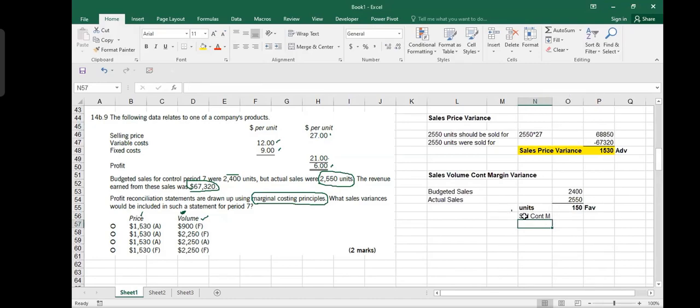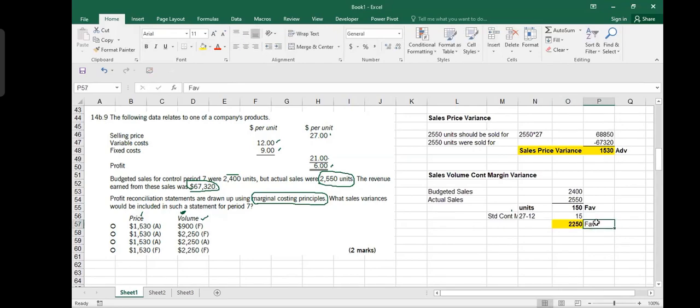How much is the contribution margin? Selling price 27, variable cost is 12. So 27 minus 12. Contribution is 15. And then I just multiply this with this and 2250. And this 2250 is actually favorable.